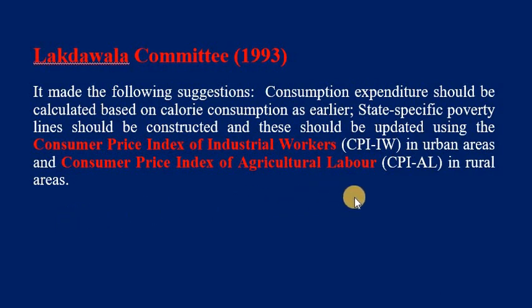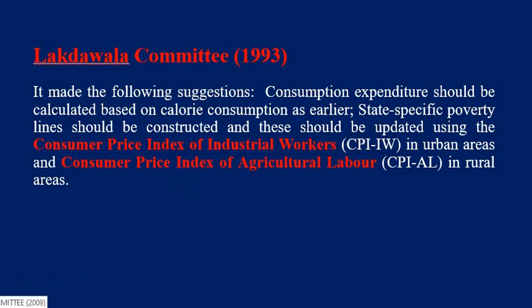They made some suggestions. Based on the calorie consumption used earlier, they used the consumer price index of industrial workers in urban areas and the consumer price index of rural areas. Both of these they used for estimating the poverty in 1993.